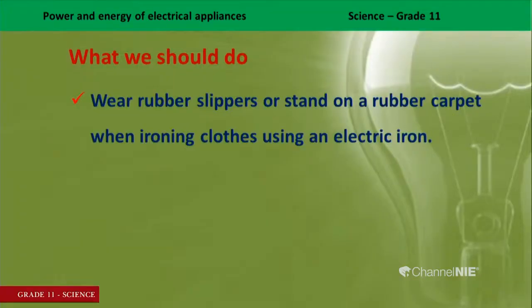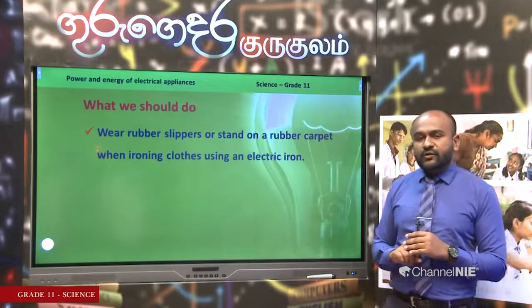Wear rubber slippers or stand on a rubber carpet when ironing clothes using an electric iron. I think you must be already doing this. Have you ever ironed clothes using an electric iron? Have you ever thought about it?